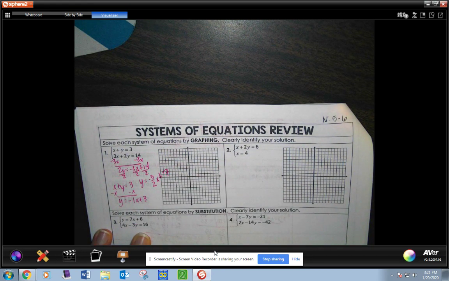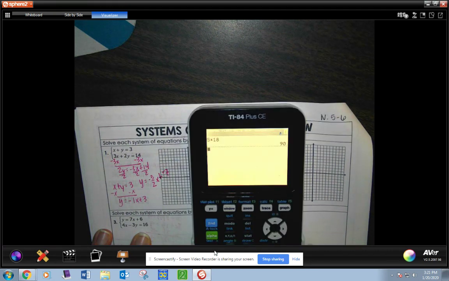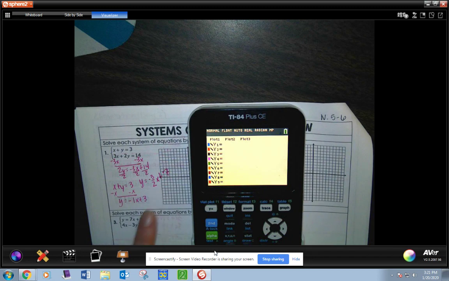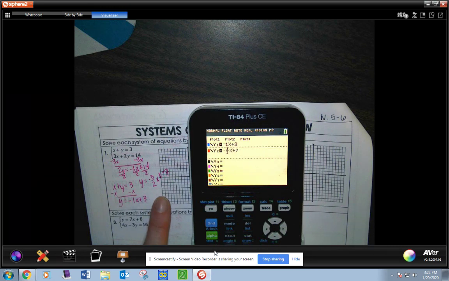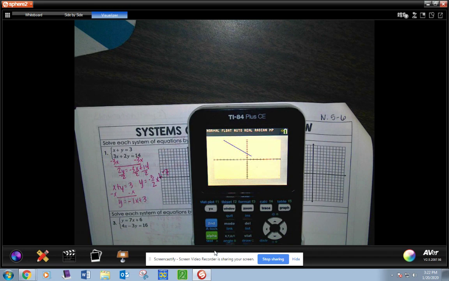When you're using the calculator, just a quick review, you put your equations in the calculator. The first one was negative 1x plus 3, and the other one is negative 3 over 2x plus 7. Once I have that, I hit graph to see if they intersect.